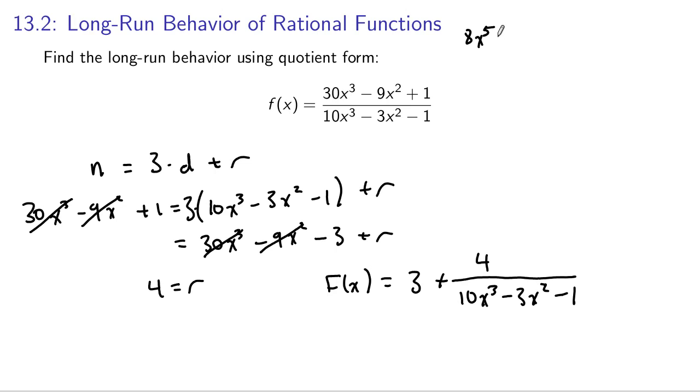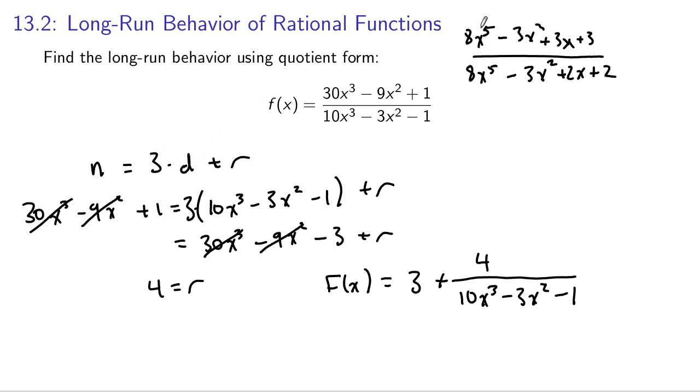So we have 8x to the 5th minus 3x squared plus 3x plus 3 over 8x to the 5th minus 3x squared plus 2x plus 2. Okay, so the ratio of the leading terms here is just 1. So our q would be 1.